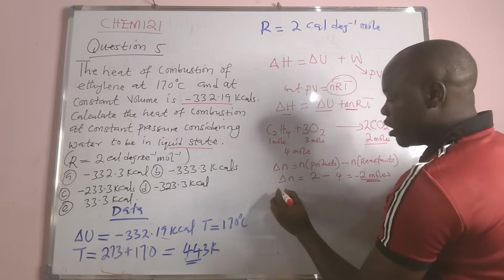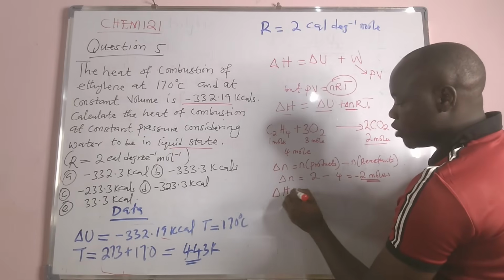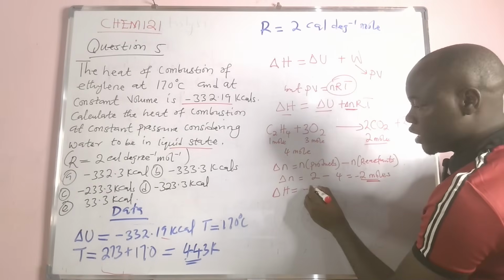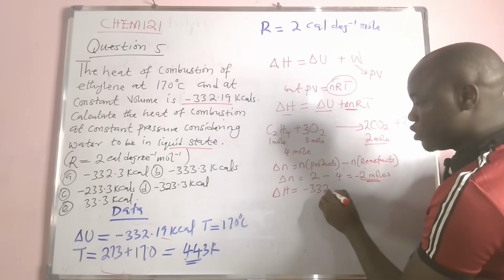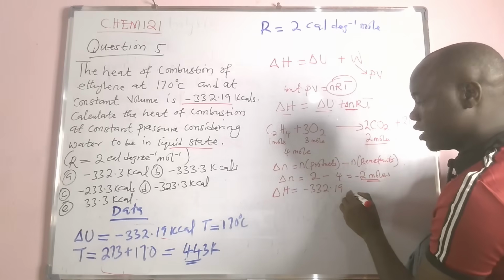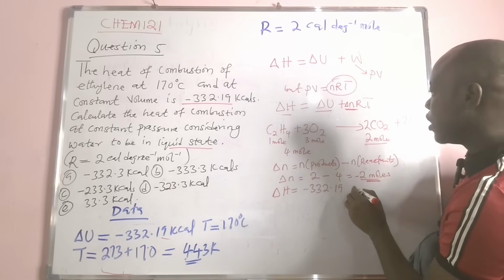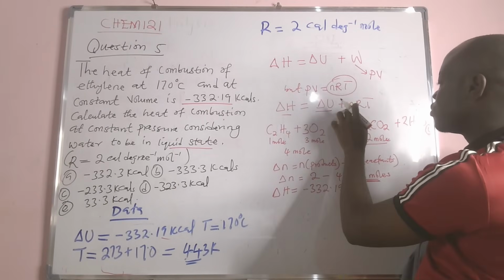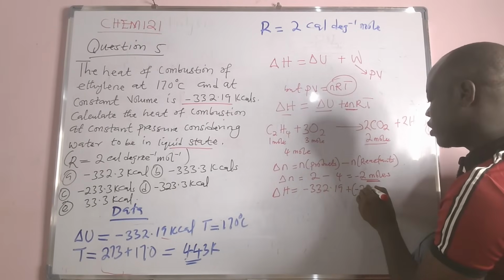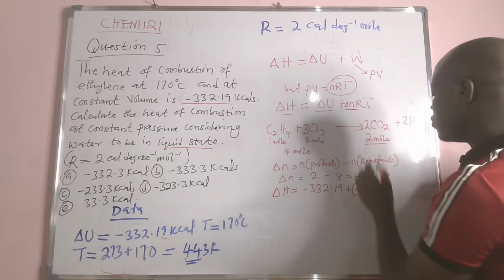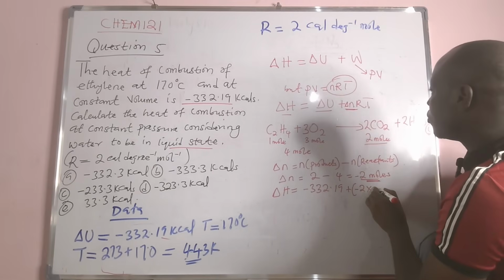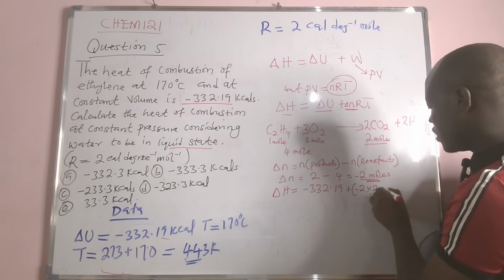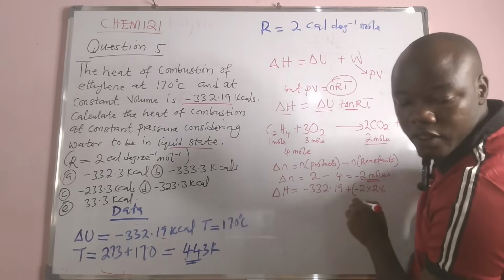And then now we have our delta H here, which we are going to calculate. We have delta U as minus 332.19. And then, of course, we have plus in bracket the minus 2 here, times the R value, which is 2, and then times the temperature.